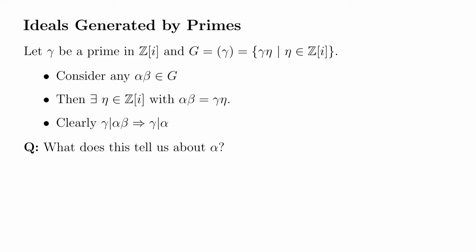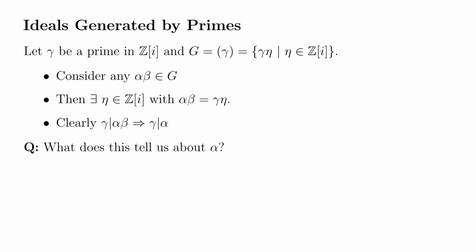Let gamma be some prime in Z adjoin i, and let G be the ideal generated by gamma. Consider any product of 2 Gaussian integers, alpha, beta, in this ideal. Then, by the definition of the ideal, there must exist some eta such that alpha beta is equal to gamma eta.